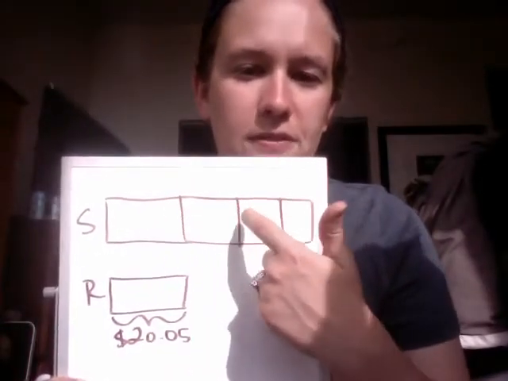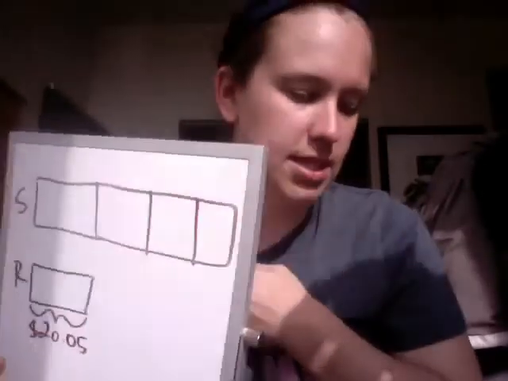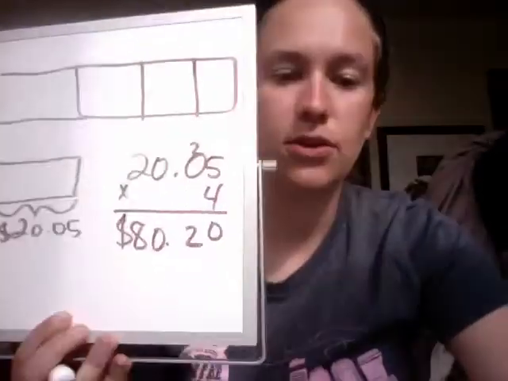But there are 4 of them. So I'm going to need to multiply. So I'm going to multiply $20.05 by 4. That tells me that Susan saved $80.20. Again, probably should write a sentence, but I'll leave that to you guys.